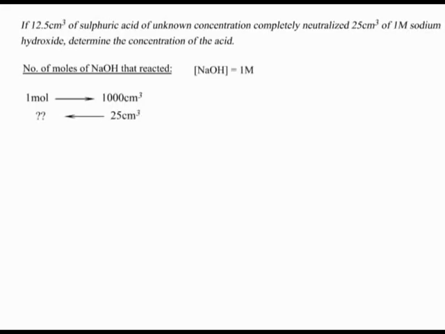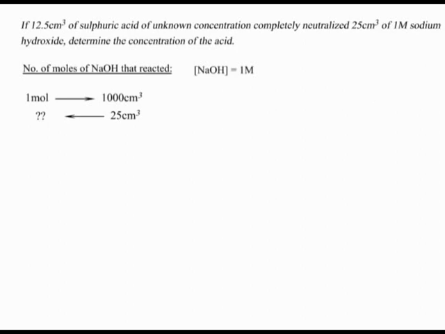We know the concentration of sodium hydroxide and the reacting volume, so we use that to find the number of moles of sodium hydroxide that reacted. Concentration of sodium hydroxide is 1 molar, and this means 1 mole is in 1,000 cubic centimeters, but only 25 cubic centimeters reacted.